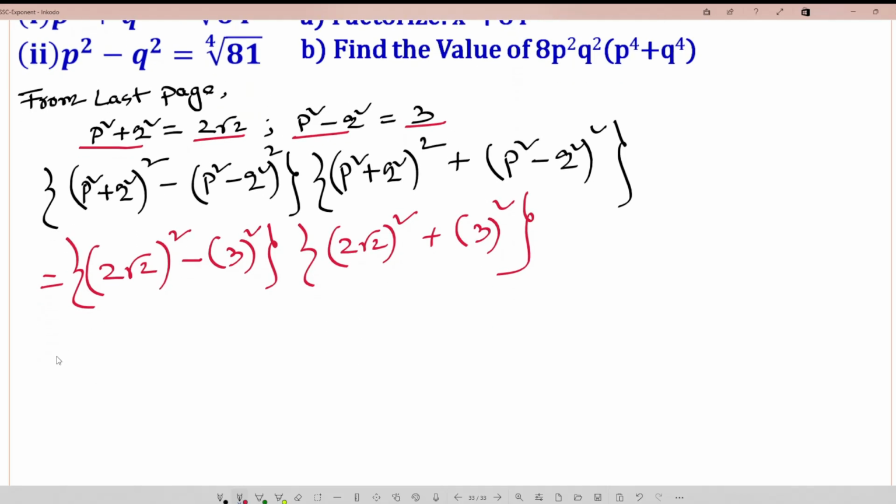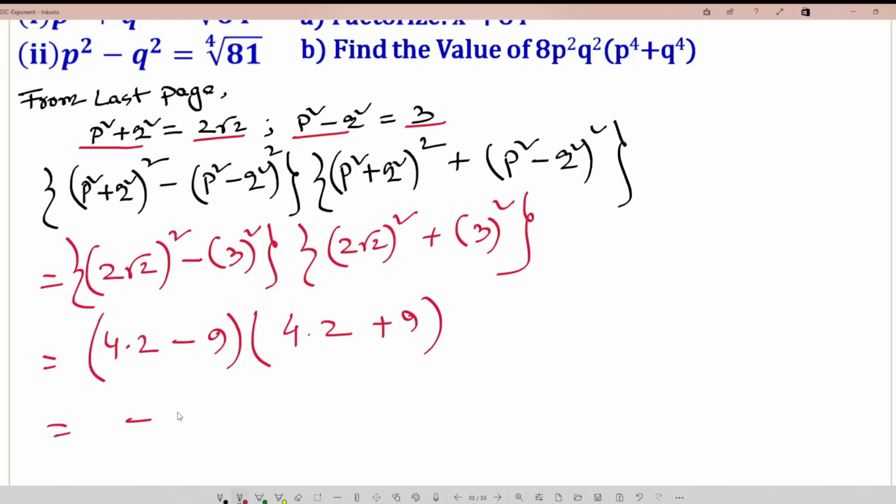Now look, 2 squared means 4, √2 squared means 2, minus 3 squared means 9, okay. Then here is also the same thing: 2 squared means 4, √2 squared means 2, and plus 3 squared means 9.